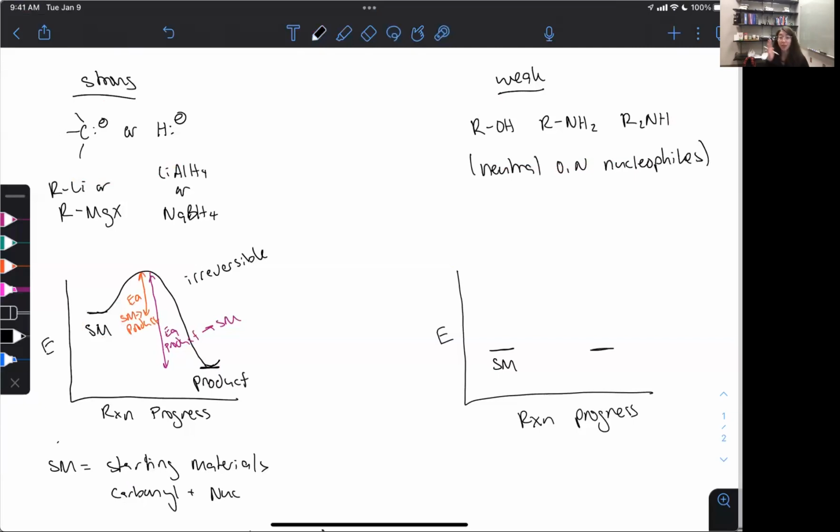So then when we have the starting material and the products at very similar energies, then it means that the energy of activation is the same-ish for both, okay? So we don't have a big discrepancy between one side or the other side in terms of how much energy the system needs to be able to go through them. So this is going to be reversible.